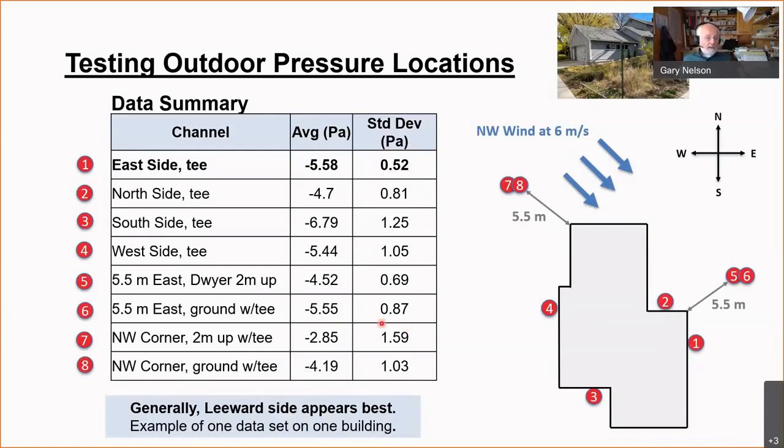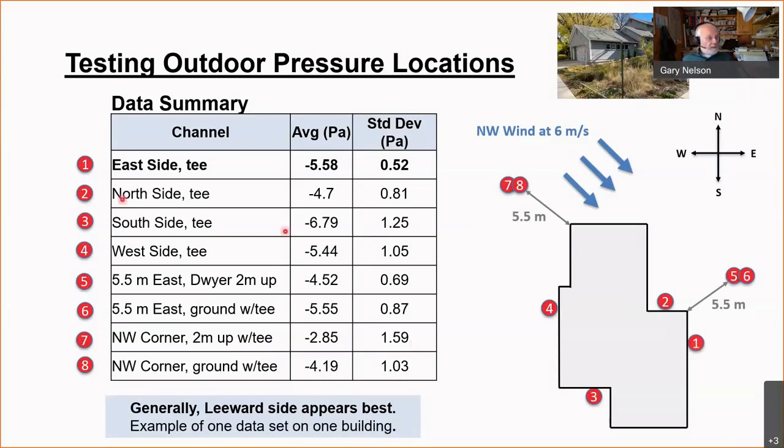And the highest standard deviation was located the furthest away from the building, where I'm trying to get as much as possible into the undisturbed wind stream, where theory seems to say that we should see smaller fluctuations. But in fact, I measured the highest fluctuations there and the lowest fluctuations over on the leeward side right next to the building.